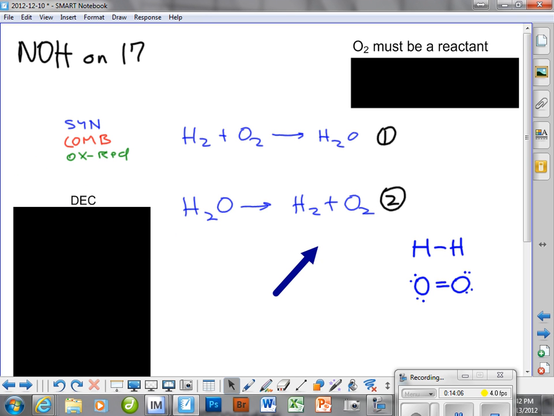And you can think of this as a nut and a bolt, because it works real well with this reaction. Let's make oxygen the bolt, and the nut is going to be hydrogen. Does everybody know what a nut and bolt are? The nut screws onto the bolt, and it holds two things together. When you have the nut here and the bolt here, you have two separate things.